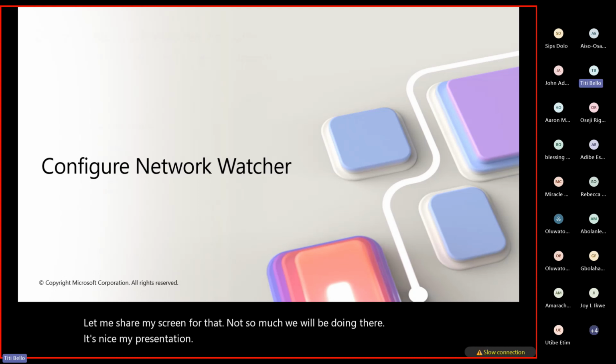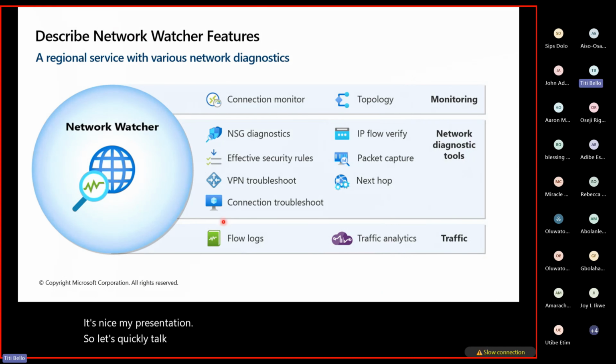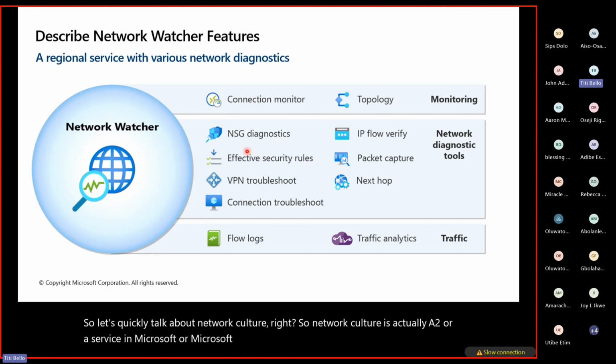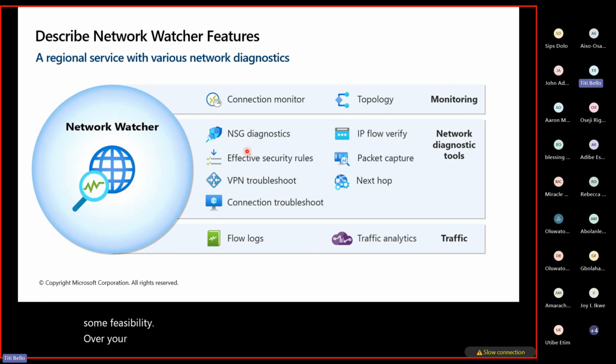So let's quickly talk about Network Watcher, right? Network Watcher is actually a tool or a service on Microsoft Azure that allows you to be able to gain some visibility over your infrastructure as a service resources in Azure.